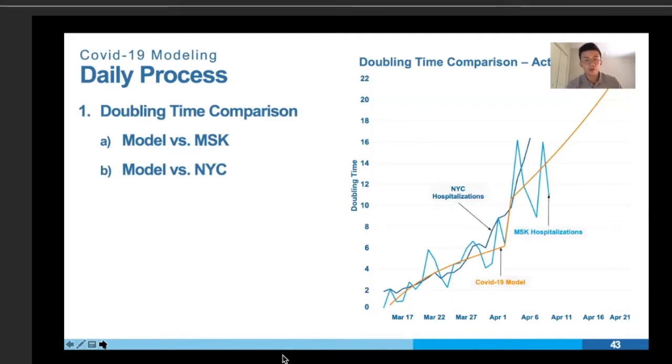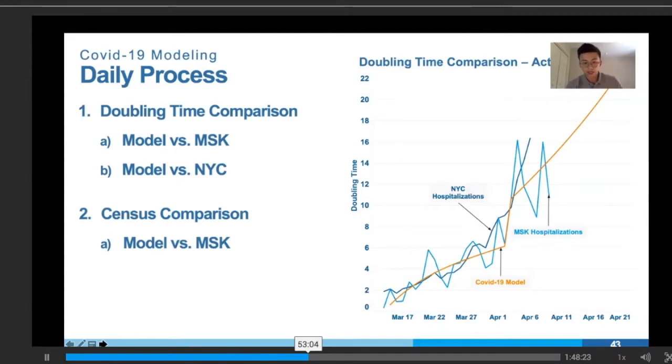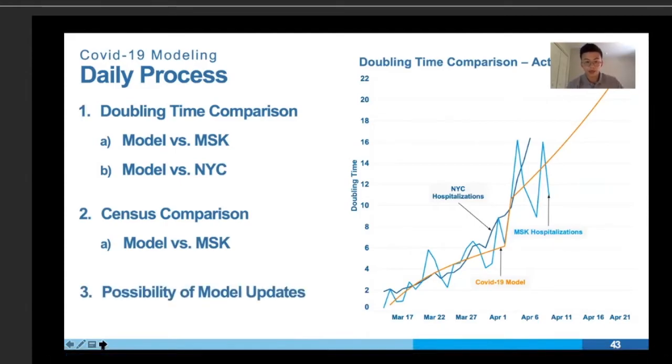And after we make sure the new case increase or decrease speed is at the right pace, we will do calibrations on the census by comparing the model census with the MSK census. This is to validate that our assumptions on the length of stay are on the right track. And the third thing is to discuss the possibility of model updates.